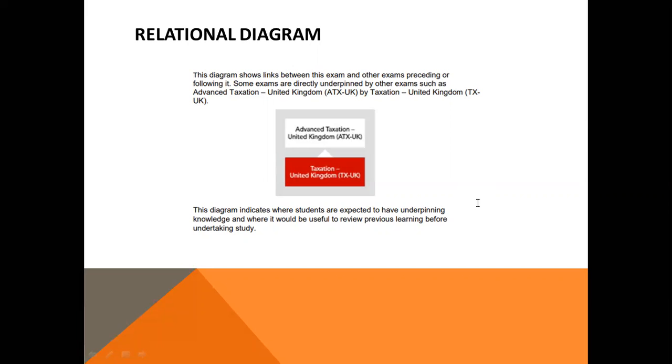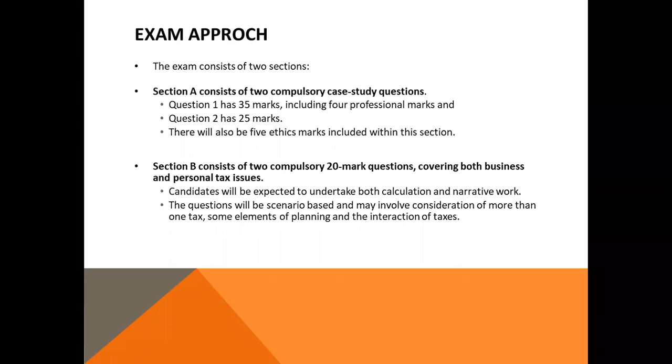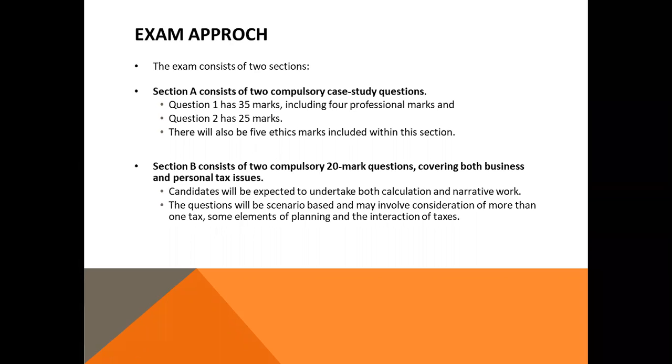Moving forward, the paper consists of two sections. There is no choice. All the questions, either in section A or in section B, are compulsory. Why do they make two sections? I am going to explain.